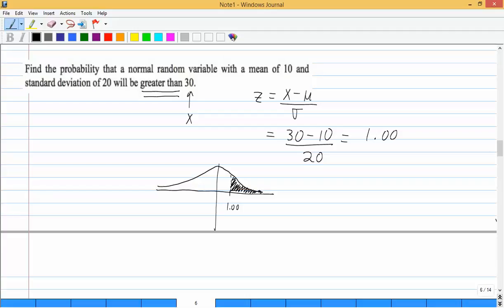So to find the area to the right of 1.00, we can say 1 minus whatever value I get when I look in the table, because the table is going to give me all of this area cumulative left to right. So this is 1 minus the probability, or the area, from the table.